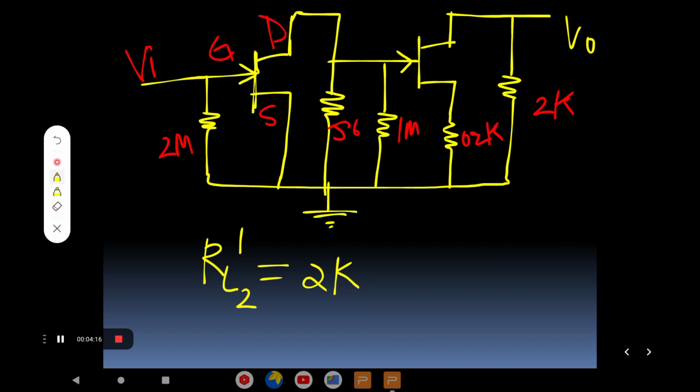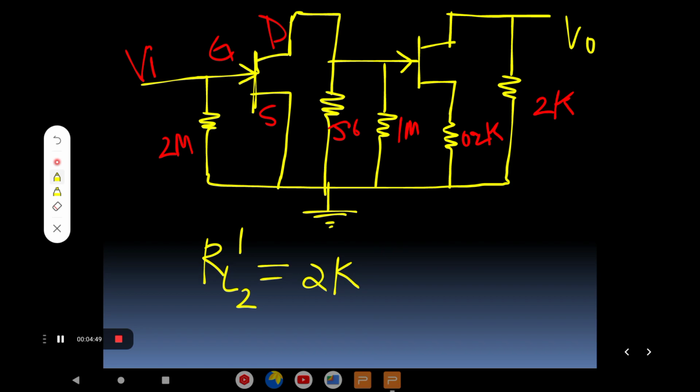For that purpose, we need to follow some methodology. RL2 is the load resistance of the second stage. RL2 is the parallel combination of RD and RL. In this case we don't have any load resistance, therefore RL2 of the second transistor can be directly represented as the 2 kilo ohm resistance.